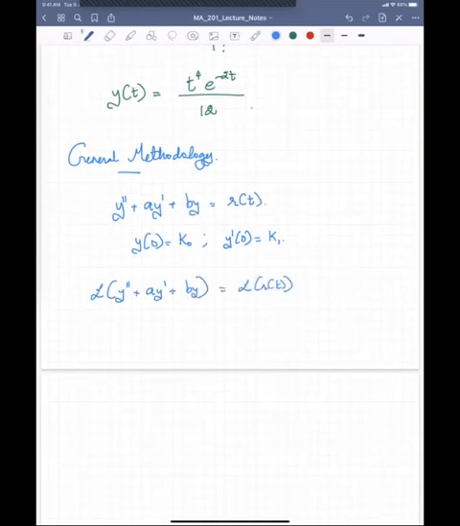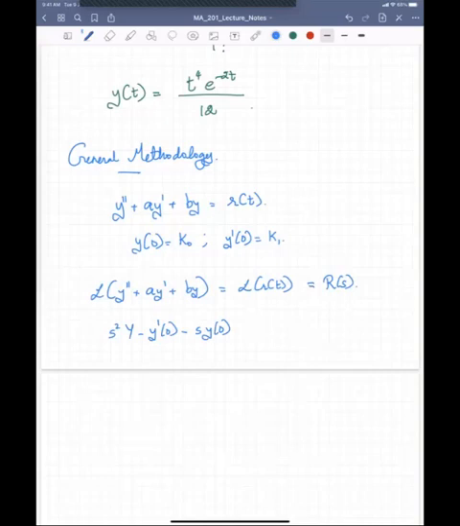Okay, and the Laplace transform of r of t I will call capital R of s. So what is this? The first term is s squared times Y, minus the value of the derivative at t equals 0, minus s y at 0.